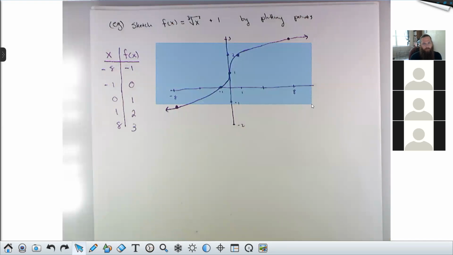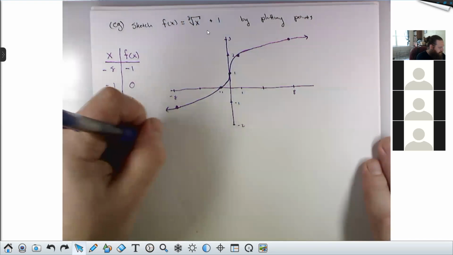So here's the graph of f. What do you think would be the parent function for this guy? What part of the cube root of x plus 1 gives us the shape we have here? X to the power of 1/3. Yeah, the cube root, right? Just this part.